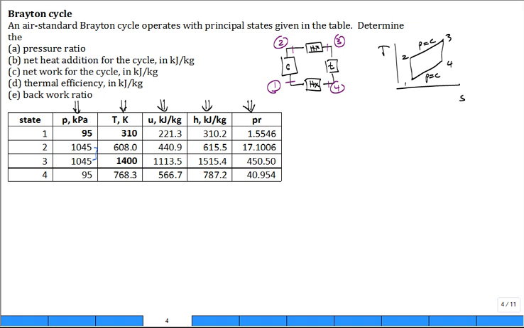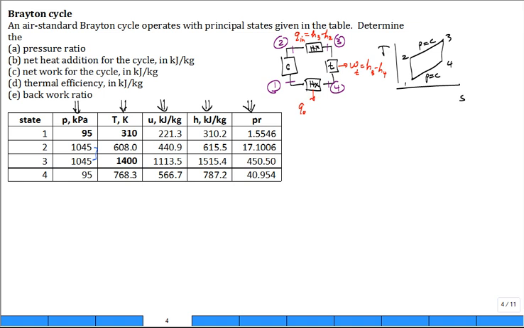True? Now, you can sit there and say, okay, I'm going to say that the work of the turbine out is equal to H3 minus H4. I'm going to say that the Q into this heat exchanger right here is H3 minus H2. Now I have to say, is this Q going out?